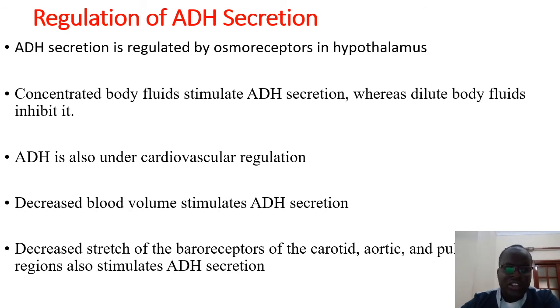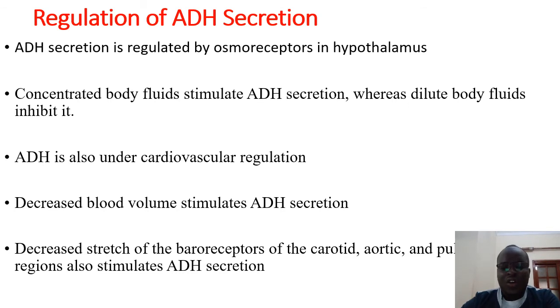Decreased blood volume is going to stimulate ADH secretion. If the blood volume or plasma volume is reducing, it means blood pressure is reducing, so that is going to enhance the secretion of ADH. That will in turn try to compensate by causing an increase in blood pressure. So a decrease in blood volume is going to stimulate ADH secretion, which makes sense.